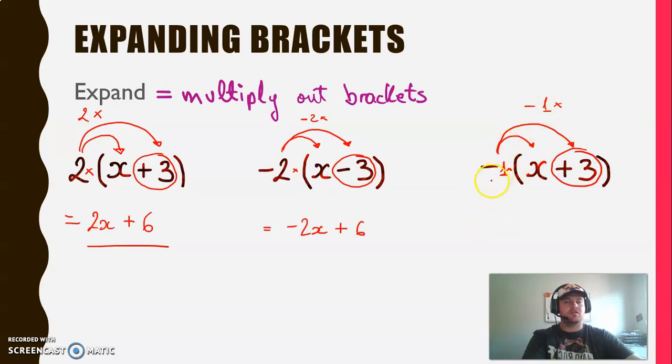You don't have to write this in your solutions, but I'm doing it here so you can find it easier. So that's equal to minus x, you don't need to put a 1 there, and then minus 1 times positive 3, that's negative 3. So that's your final answer.